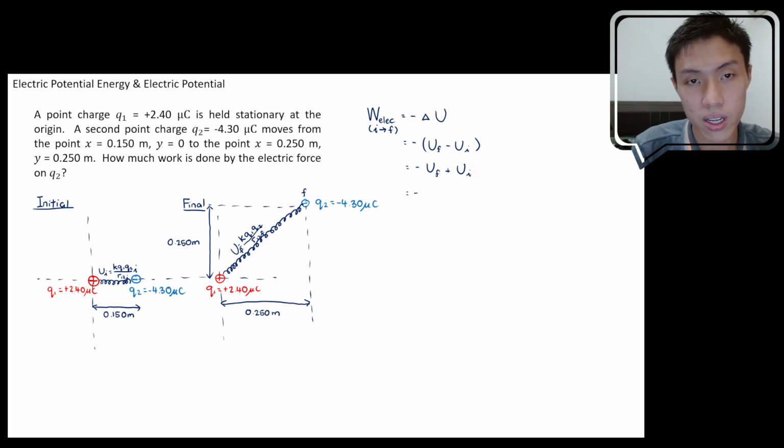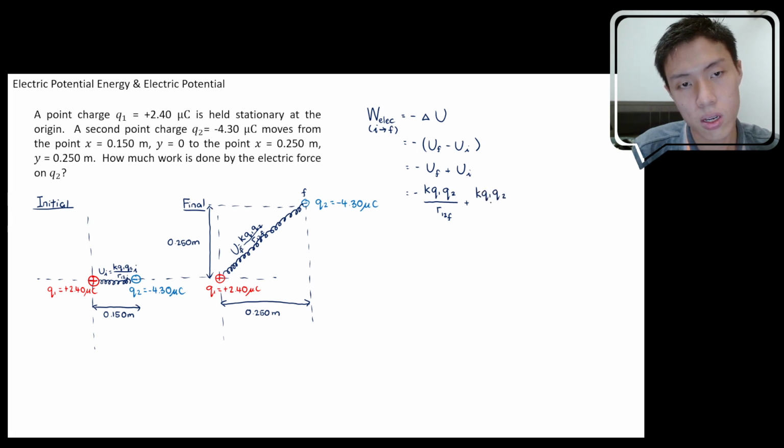Now we can substitute in the correct equation to represent UF and UI. So negative UF, you just put in K Q1 Q2. You don't need a modulus here because the sign is important. This one is over R12 final, plus K Q1 Q2 over R12 initial.